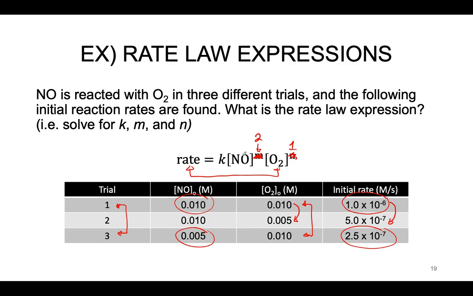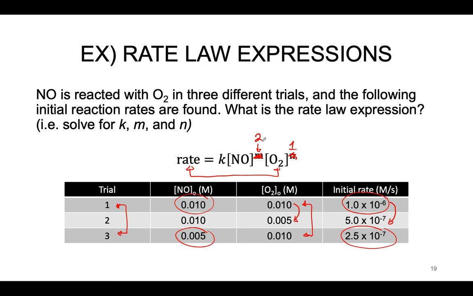If we triple the concentration of our NO, we're going to be taking 3 squared, so the rate is going to increase by a factor of 9. If we quadruple the concentration of our NO, 4 squared is 16, meaning that the rate is going to increase by a factor of 16 times. So we can see that the rate of reaction is ultimately more dependent on the concentration of our nitrogen monoxide as opposed to the oxygen, where it's just a direct proportion.